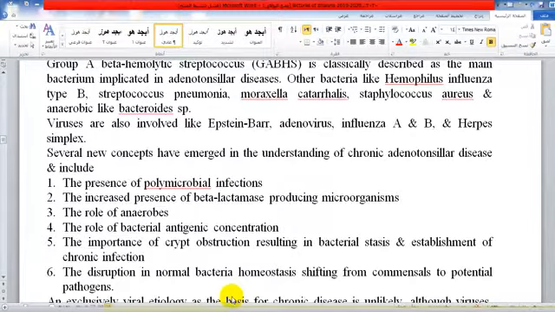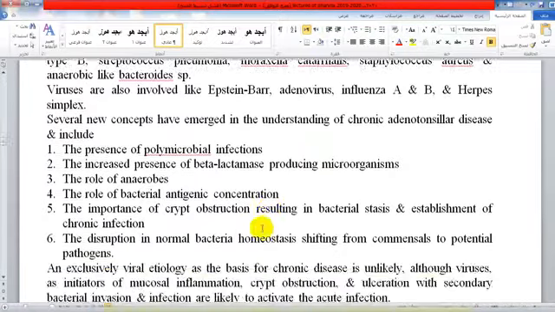Fifth is the importance of crypt obstruction resulting in bacterial stasis and establishment of chronic infection. Sixth, the disruption in normal bacterial homeostasis, shifting from common cells to potential pathogens.